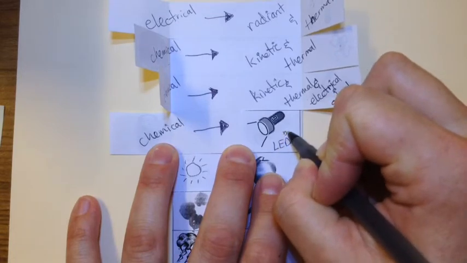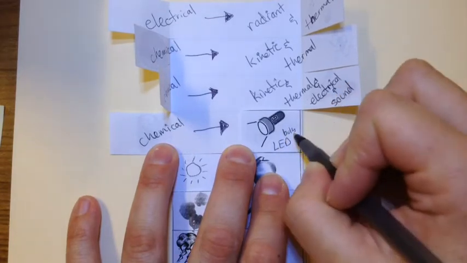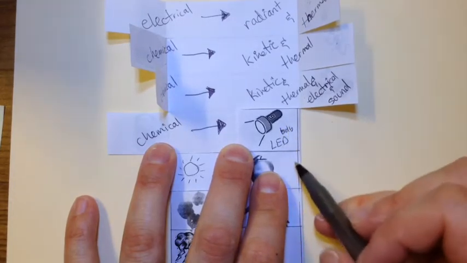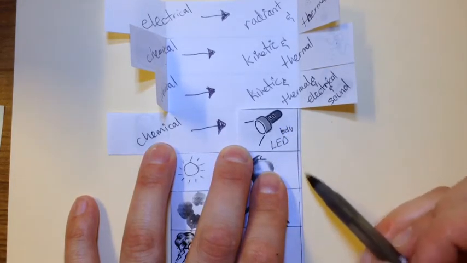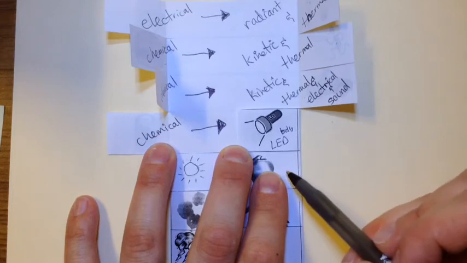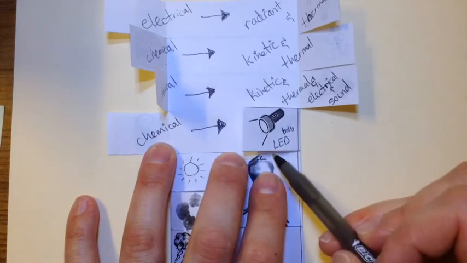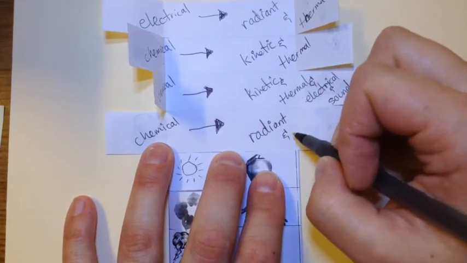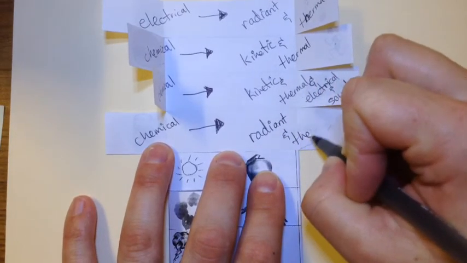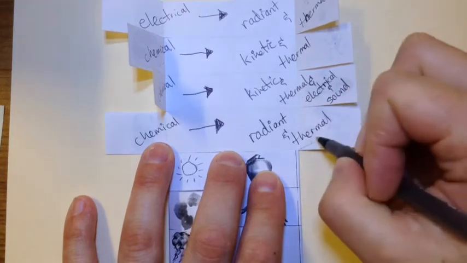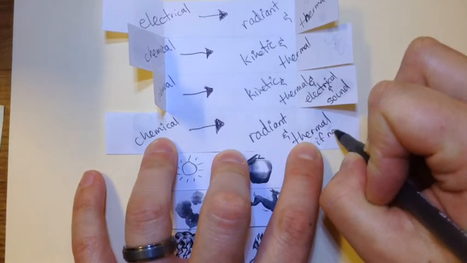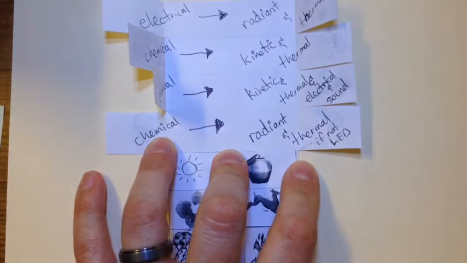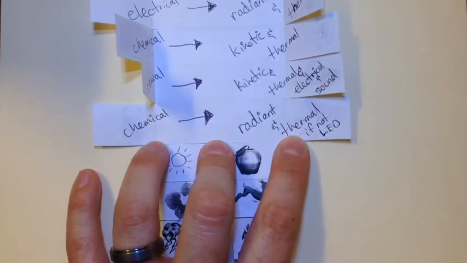LED lights are highly, highly efficient. They use very little energy and produce lots of light. But before LEDs, your flashlights actually warmed up too. So thermal once again. You get some thermal energy there if it's not an LED.